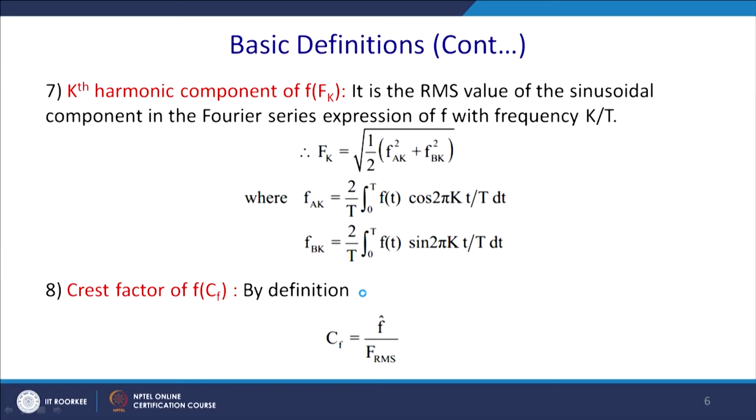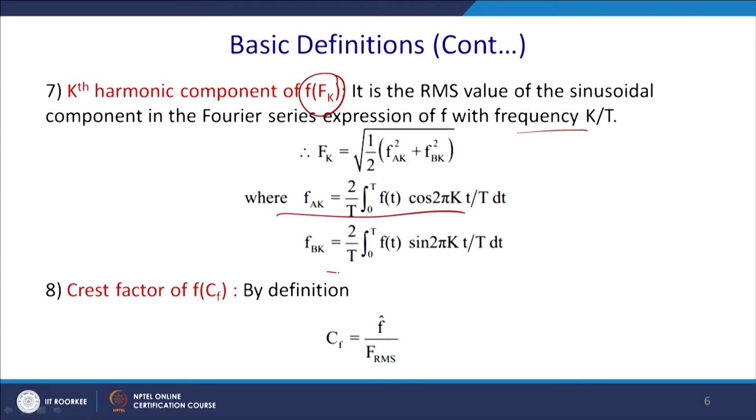Now, for the kth harmonic, if I wish to know, because there is a symmetry, generally different kinds of harmonics are present for different kinds of systems. Sometimes the triplen harmonic is absent; sometimes we have harmonic content of order 6n plus minus 1, that is first 5th and 7th, thereafter 11, 13 and so on. If you wish to calculate the kth harmonic component Fk, it is the RMS value of the sinusoidal component of the Fourier series expression of f with a frequency k by T. So Fk equals the square root of half Fak square plus half Fbk square.